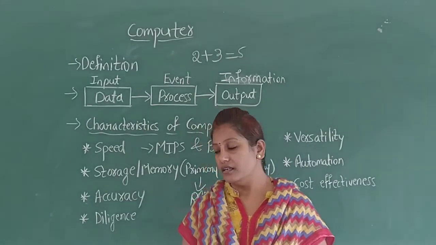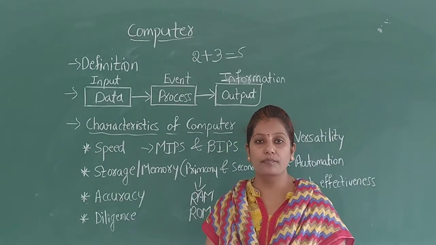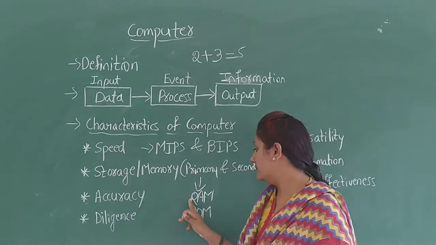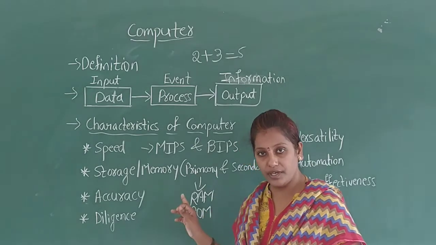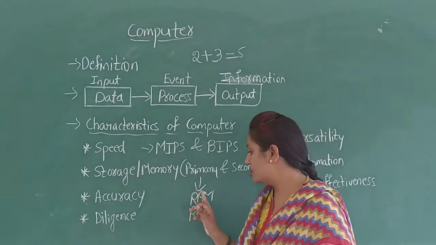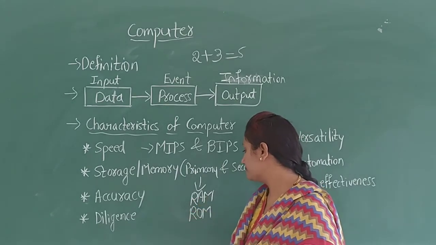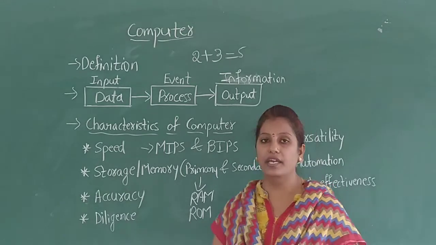When the data is transferred from the hard disk to the RAM, it stores the data temporarily in the RAM chip, that is random access memory. ROM is read-only memory.